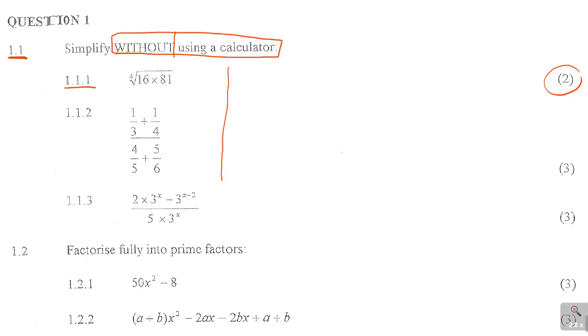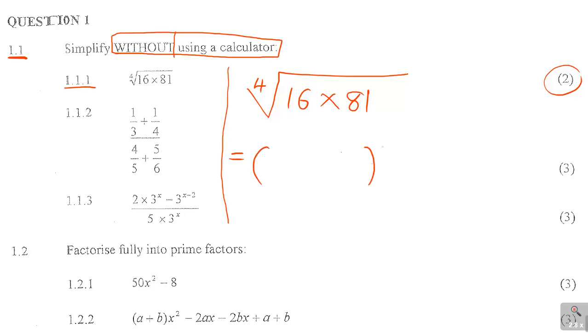Let me just try to work it here. This is what you're given, the 4th root of 16 times 81. Now what you need to know is that if they give a 4th root, this is similar to giving you a bracket like this, and then you say to the power 1 over 4. That's what it means. I'm not going to write 16.